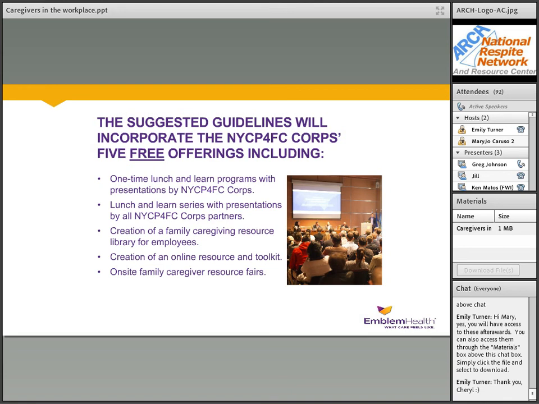I mean, each of these people are fantastic and passionate and exciting and so willing. We are very happy to go in and create a family caregiving resource library for employees, and we're willing to go and help them with an online resource and toolkits, as well as doing online caregiver resource fairs. So that was one thing that we said, yes, we can give.